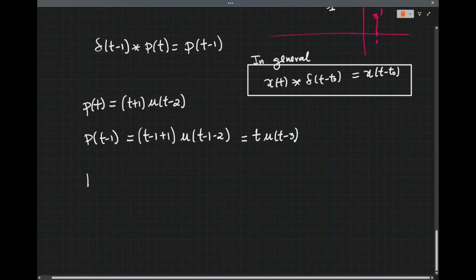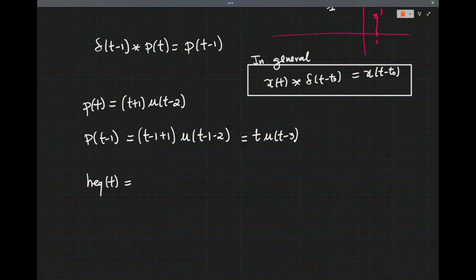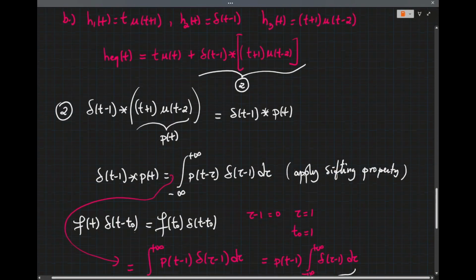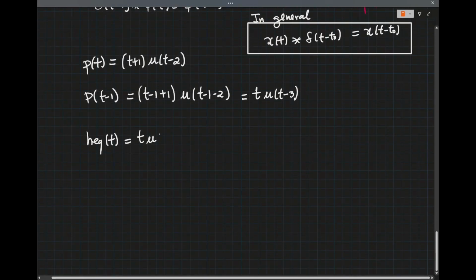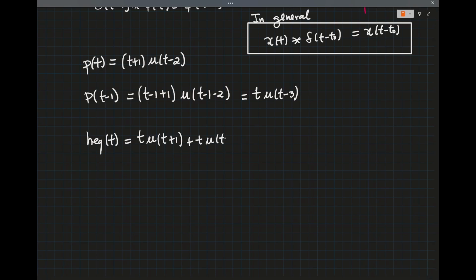So the overall impulse response is t u of t plus 1, plus t u of t minus 3.